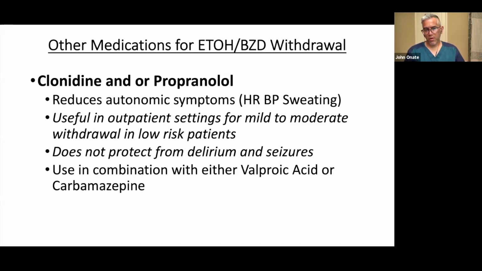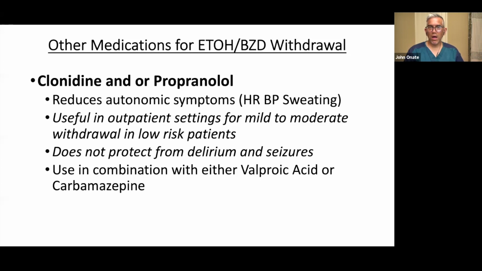You can also not use a benzo. I train my residents and the physicians I work with to really think about this: if somebody has just mild alcohol withdrawal and no history of complicated withdrawal, especially if they're young, try to use a combination of valproic acid, carbamazepine, gabapentin, and baclofen.